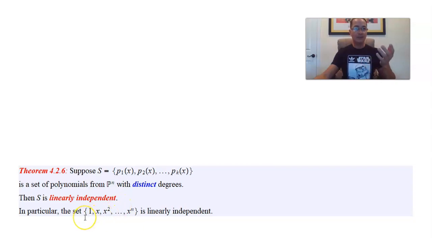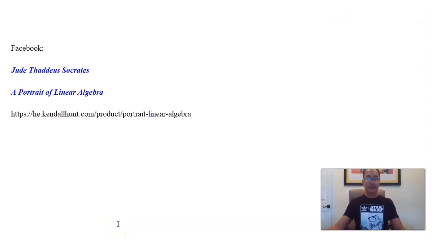What's the simplest set of polynomials? The set of monomials, 1, x, all the way up to x to the n, and we've gone full circle. This was involved in our first example. Therefore, the set of monomials is linearly independent.